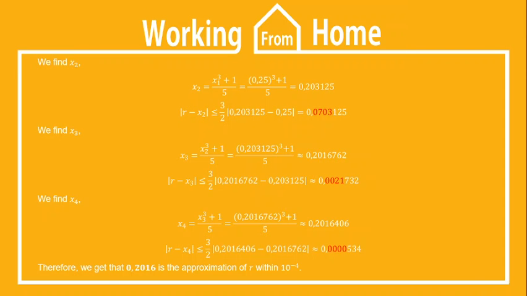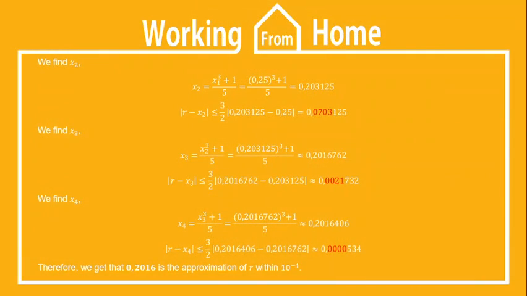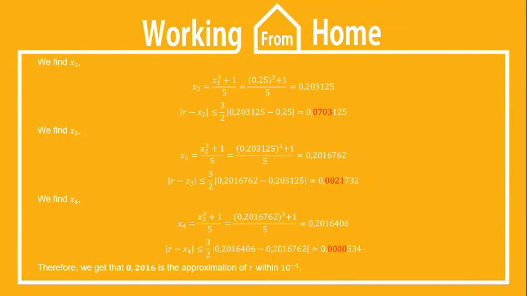So we get 0.0000534. Why did I mark that text in red? Because we do the approximation of r within 10^-4. For example, x1 equals 0.25 and we get x2 equals 0.203125, and we get the absolute value of r minus x2 less than or equal to 0.0703125.